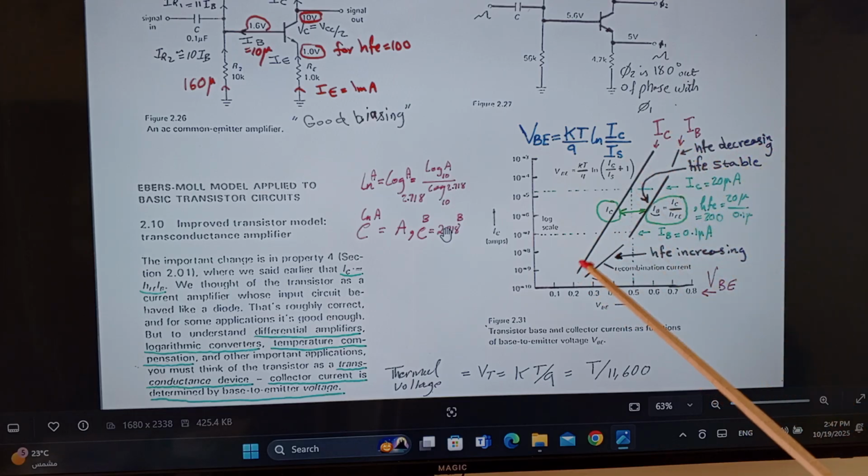That straight line, that logarithmic scale, and that linear scale. So that shows how IC is behaving with respect to VBE. And of course, it shows in the equation when you have that natural logarithm in there. Anyway, let's go back to our lecture.